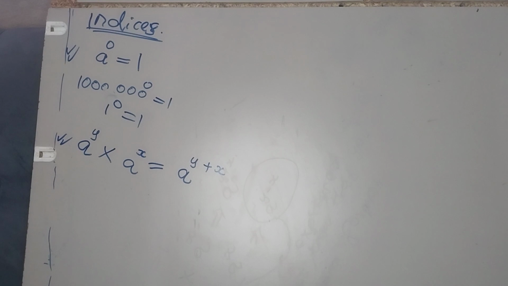So what does this mean? When I say that the multiplication and the division goes hand in hand with the addition and the subtraction when it comes to the indices, this is what I mean.